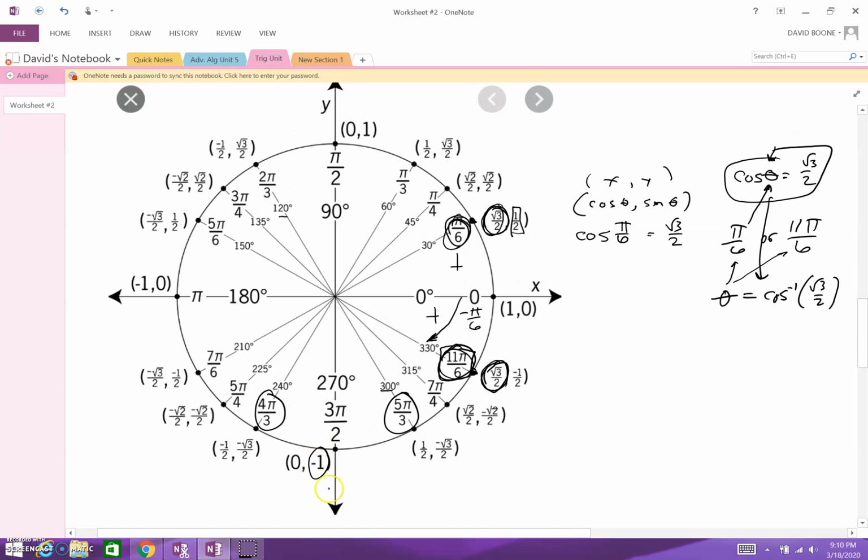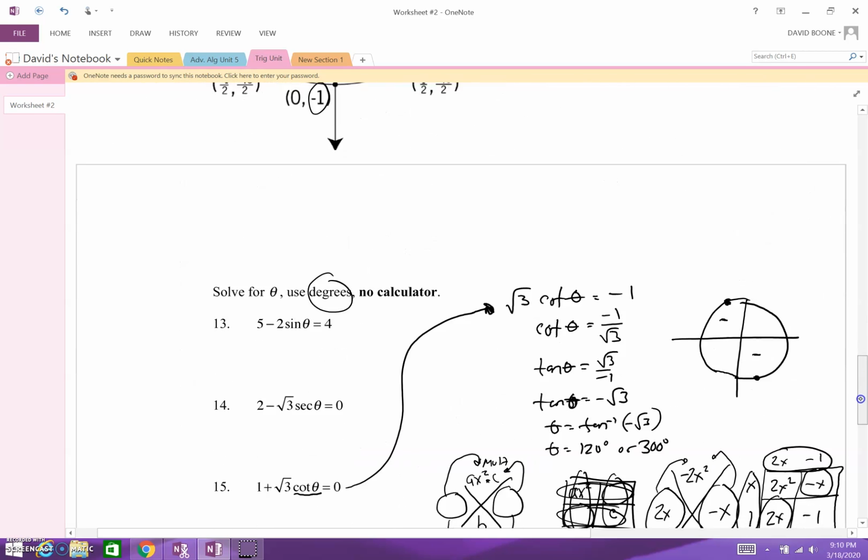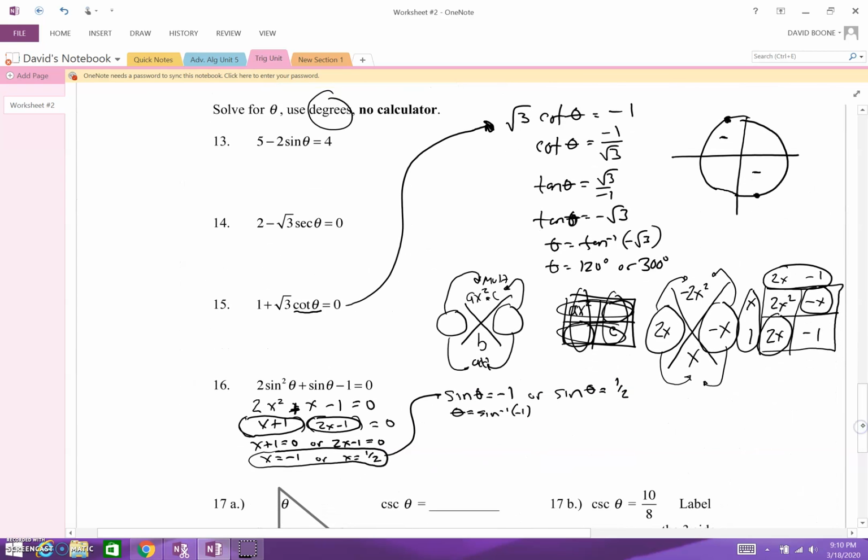Well, that's just right here, and that's at 3 pi over 2, or 270 degrees. I think they wanted the answer in degrees. And that's the only place that y value is negative 1. So in this problem, theta equals 270 degrees. There is only one answer for this one.